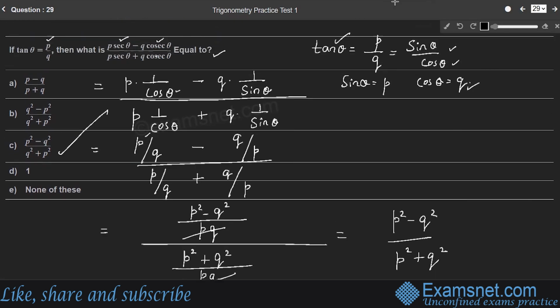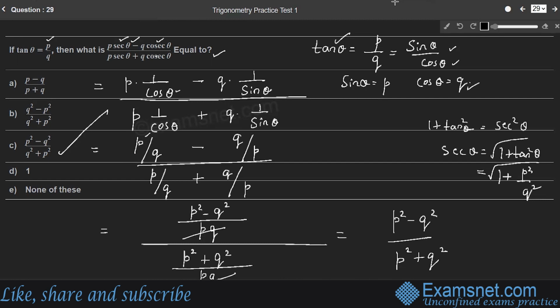One more method is you have to convert secant square in terms of tan, right? Since 1 plus tan square theta is secant square theta, then secant theta becomes root of 1 plus tan square theta. Then substitute the value of tan. It becomes, so 1 plus tan square theta becomes P square by Q square.